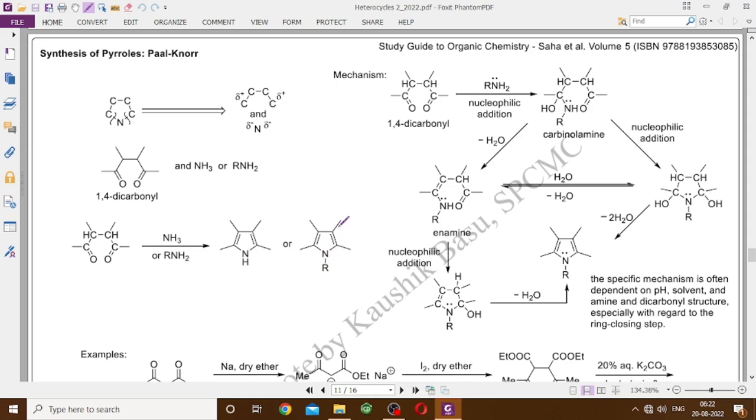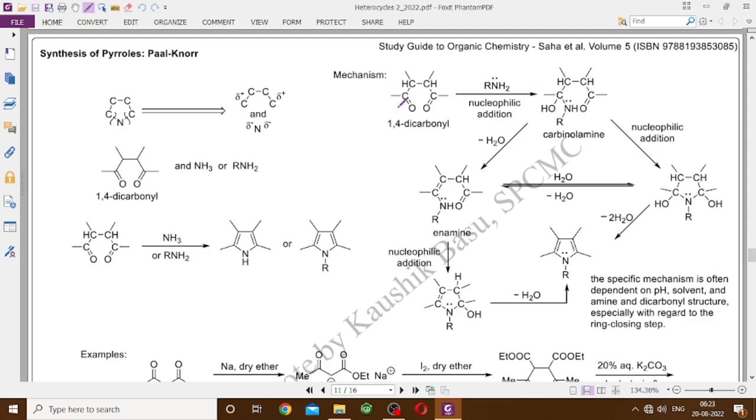The mechanism can be predicted, but the exact sequence of events for a particular and specific example will be rather difficult to pinpoint. You have a 1,4 dicarbonyl, so an amine can undergo nucleophilic addition to any one of these carbonyls. Supposedly, if these 2 carbonyls have equal electrophilicity, then at any one position the nucleophilic addition will take place.